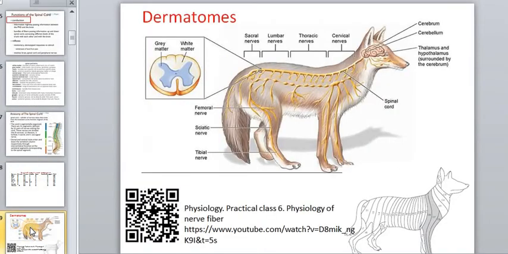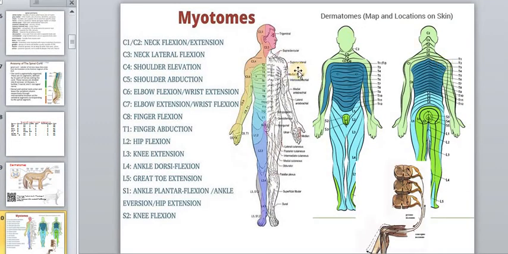And I hope you remember the dermatomes and myotome structure and how important it is for local anesthesia. I leave the links to the practice about the physiology of nerve fiber, and for humans it is almost the same, and you know this very important refractory activity.